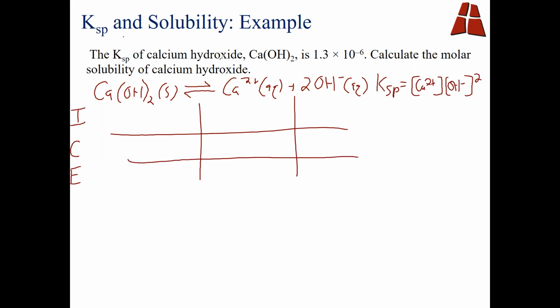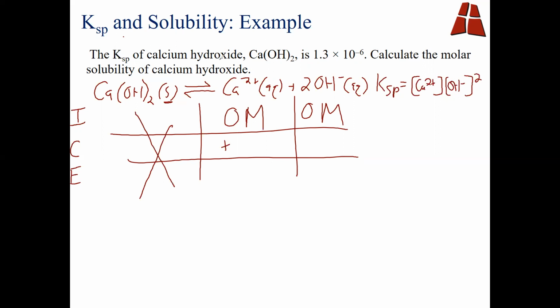Again, because our reactant is a solid, we don't need to consider our reactant in our equilibrium calculations. We're going to say that we start with a concentration of 0 molar for each of our products. If we look at the change, we know that we're going to add product because we're starting with 0, and some of our reactant will dissolve.